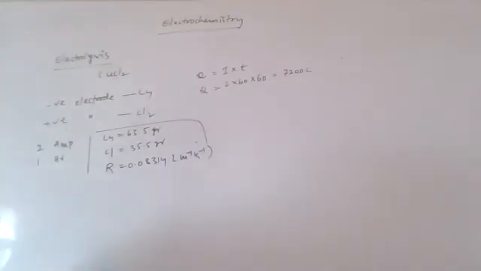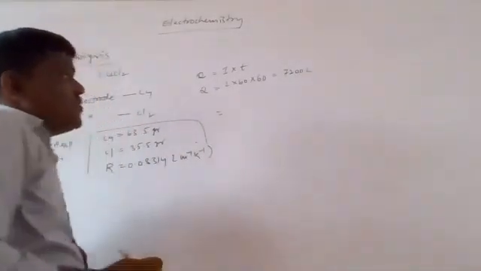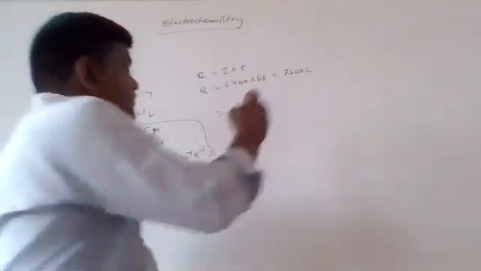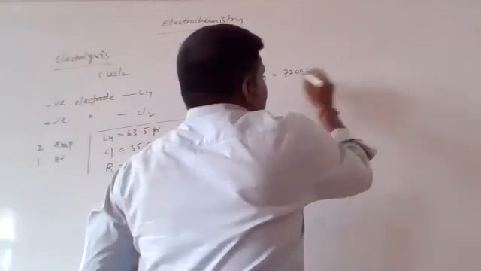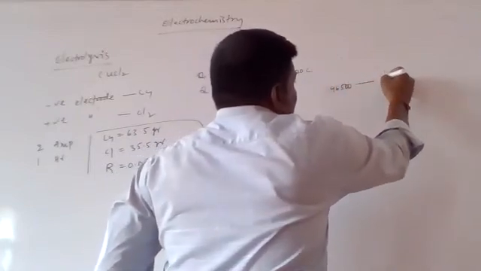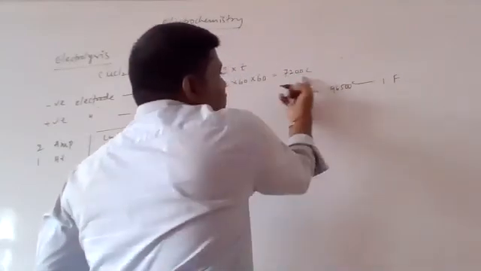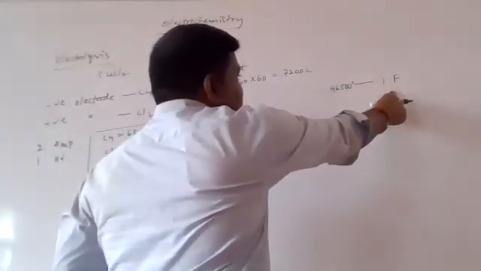Then here, 1 Faraday is equal to 96500 coulombs. Now we have to convert coulomb into Faraday, so 96500 coulomb is equal to 1 Faraday.